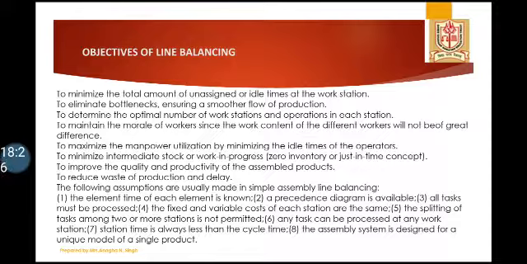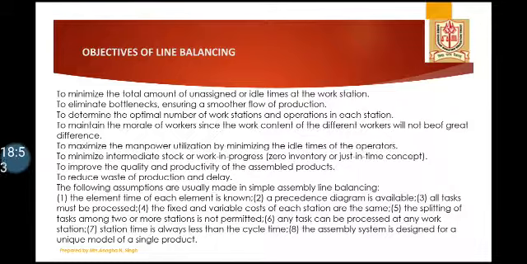The following assumptions are usually made in simple assembly line balancing. First, the element time of each element is known. Second, a precedence diagram is available. Third, all tasks must be processed. Fourth, the fixed and the variable cost of each station are the same.